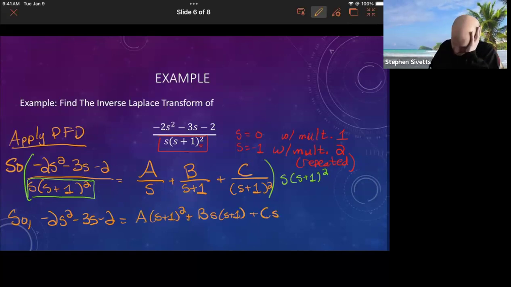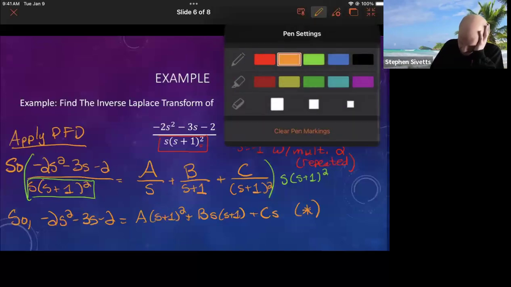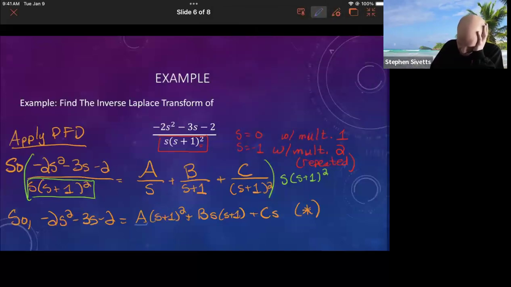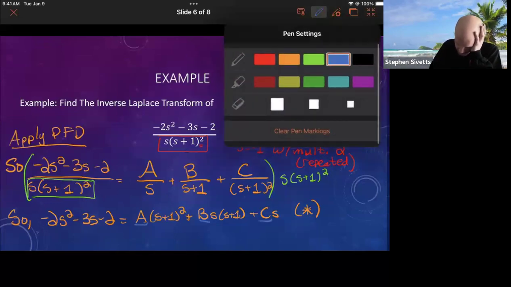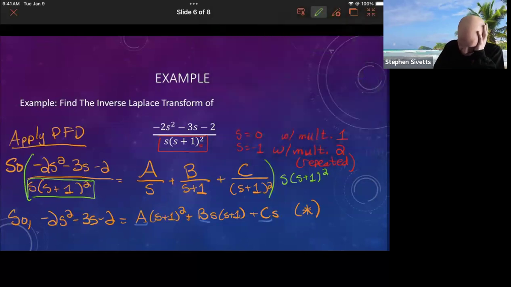This is the equation that we will use to solve for the real numbers a, b, and c.